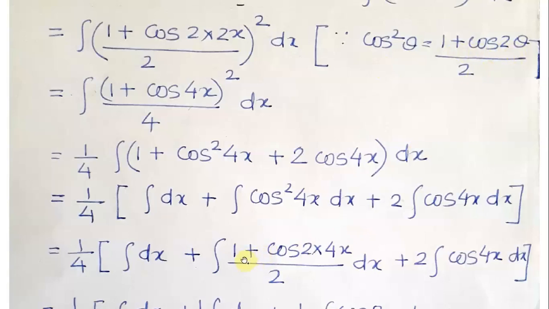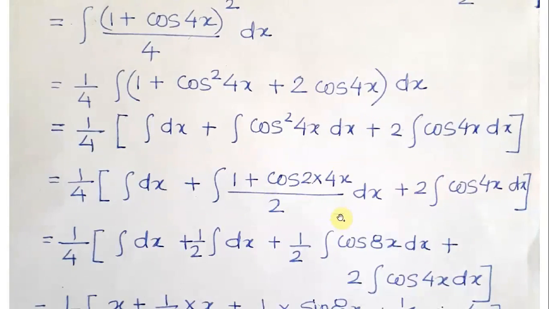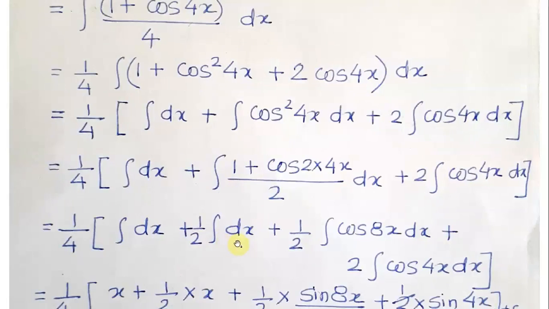So see, same formula I applied here. Now value of theta only changes. Earlier it was 2x, now it is becoming 4x. Okay, and again I am separating them, because here 1 by 2 is coming separately. So integration of dx is remaining from the first term, and here it is remaining cos of 8x. So 1 upon 2 is coming because 2 is the denominator, and integration of cos of 8x I wrote here.